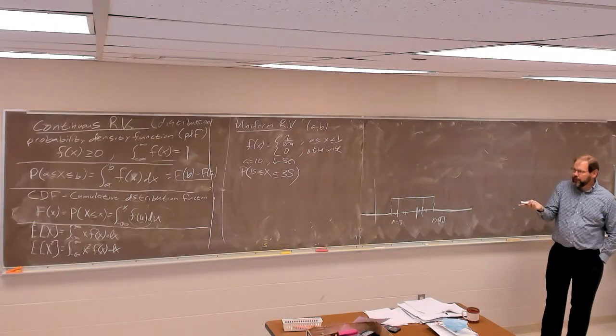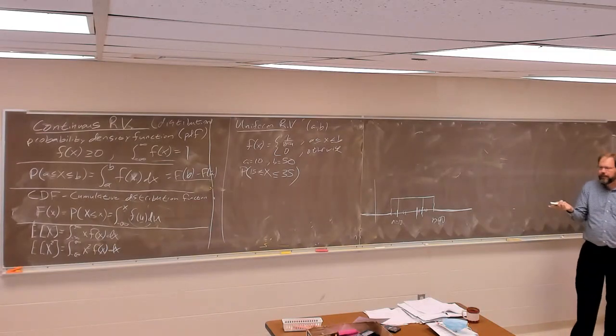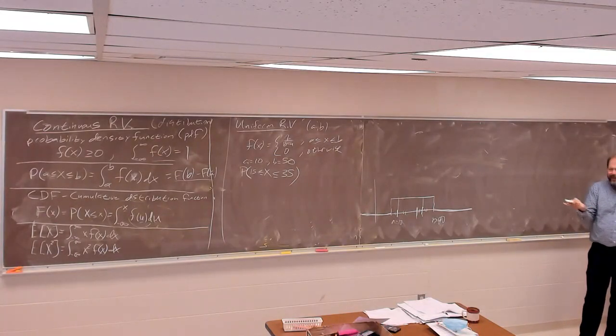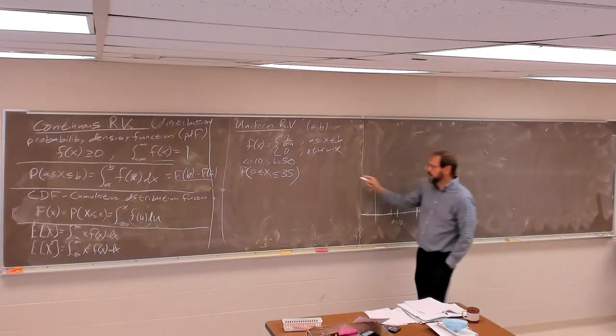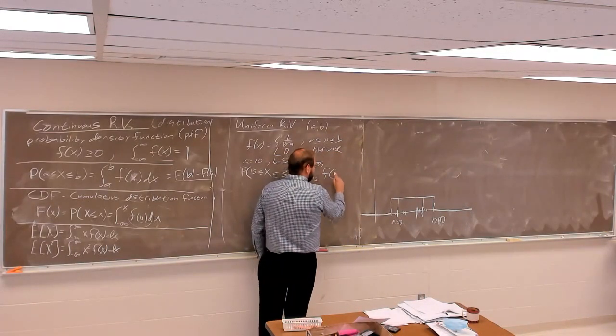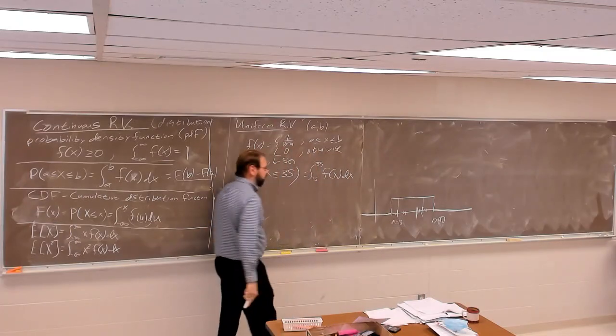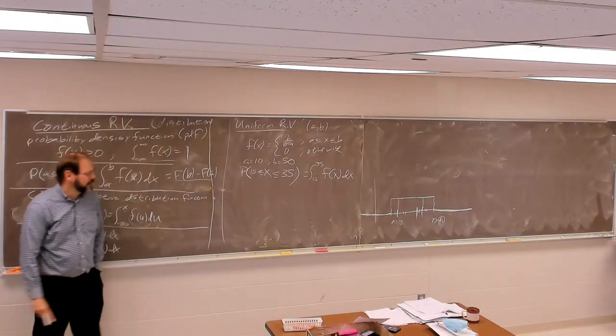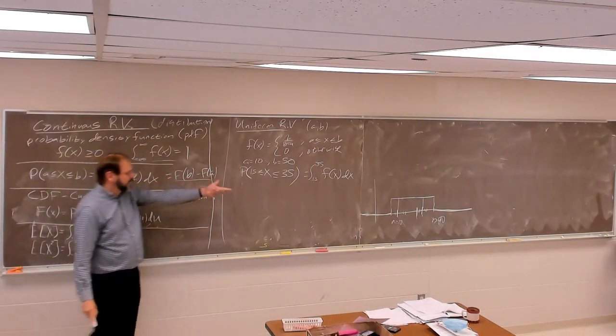And the nice thing with the uniform random variable is all my areas are rectangles and I don't really need calculus. But I certainly could integrate my probability density function from 15 to 35. Okay. But if I'm dealing with constant functions, then it's a rectangle.